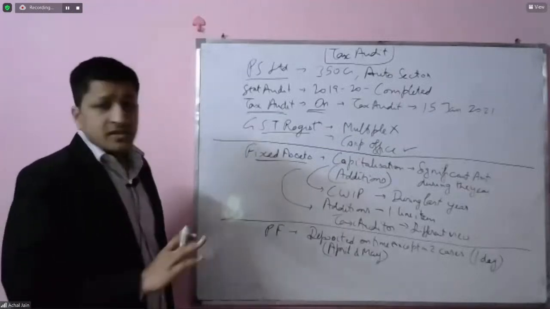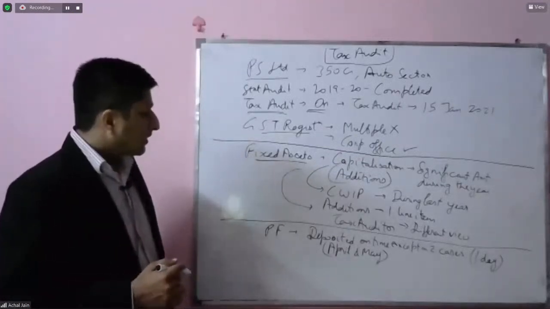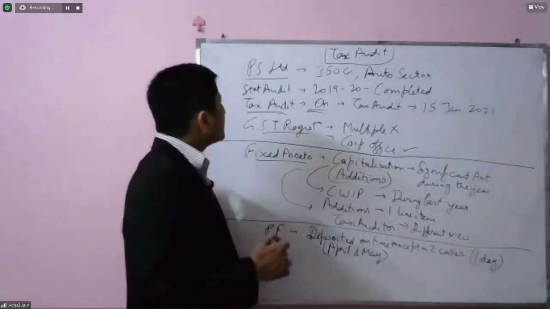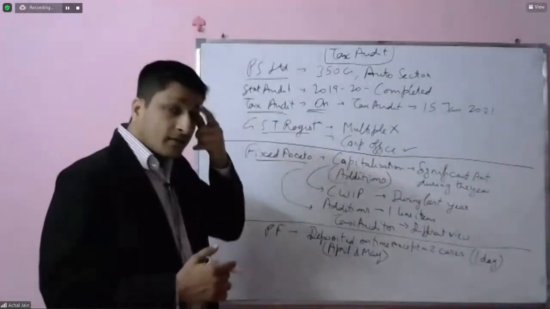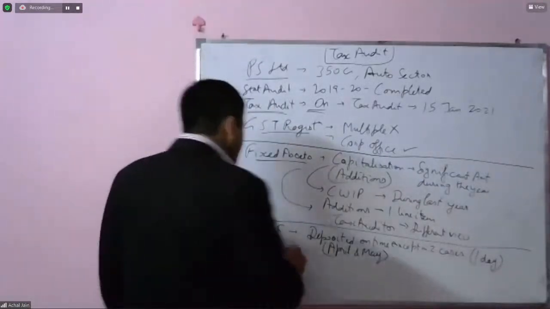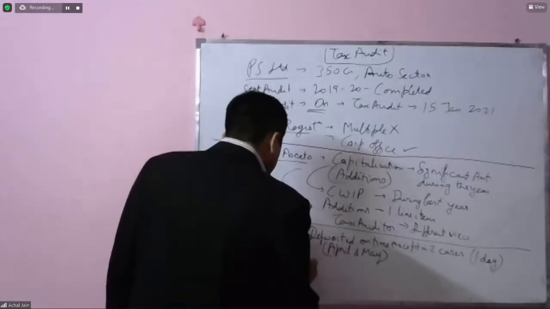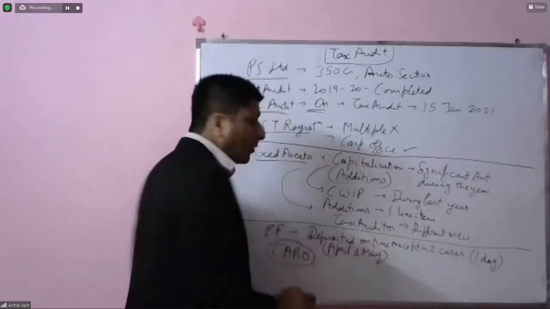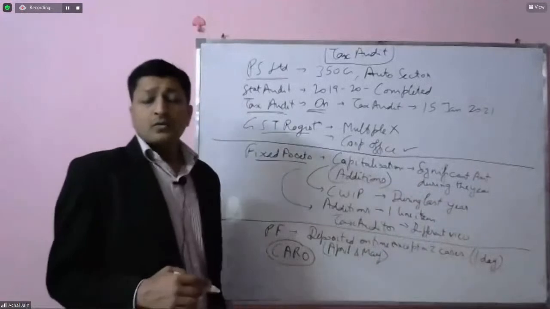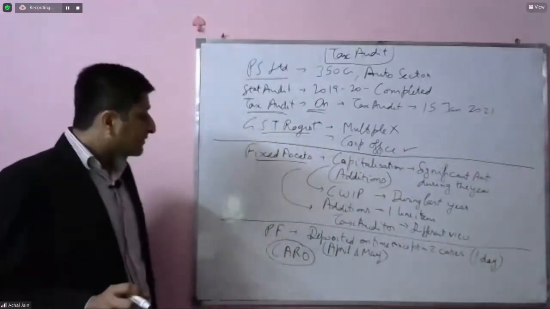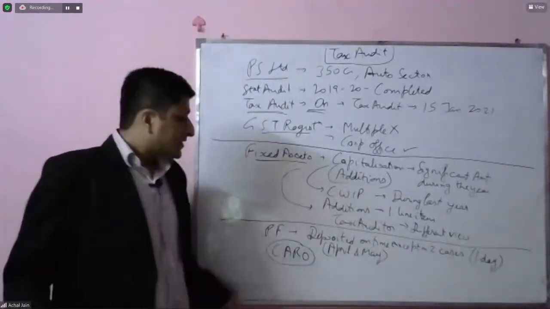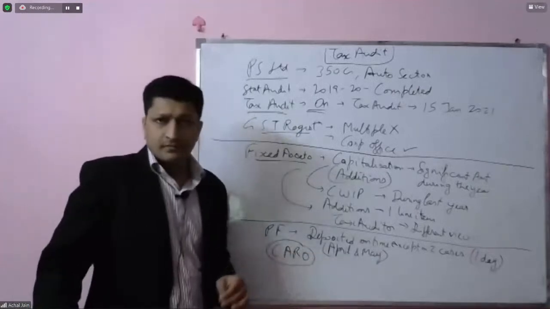It's not that management doesn't want to show the delay. Unfortunately, when this statutory audit got completed, during CARO reporting, if you know about CARO, CARO also requires that whenever there are any delays, such delays should be reported.